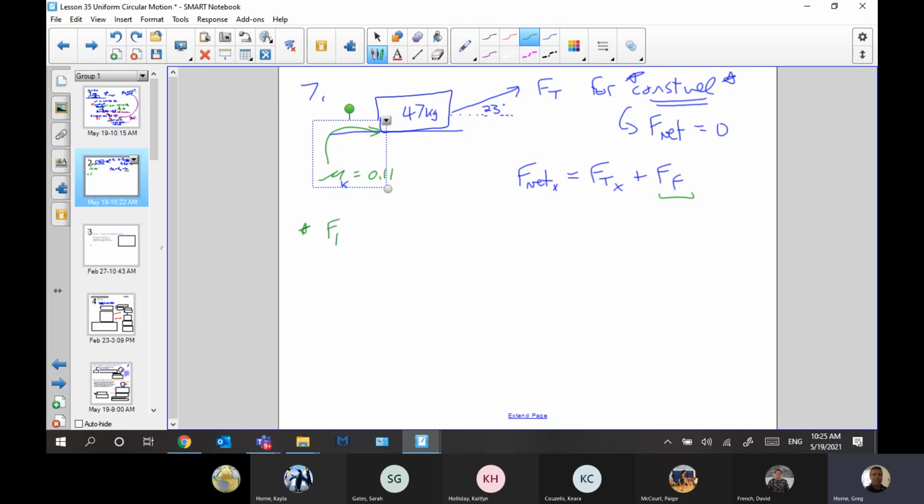We know Ff equals mu Fn, right? Fn in this scenario, you can't just say is equal to Fg like normal. We have to analyze it thoroughly. So for this part, we need to look at acceleration in the y direction, which is 0. And so we know Fnet in the y direction equals the gravity force plus the tension force in the y direction.